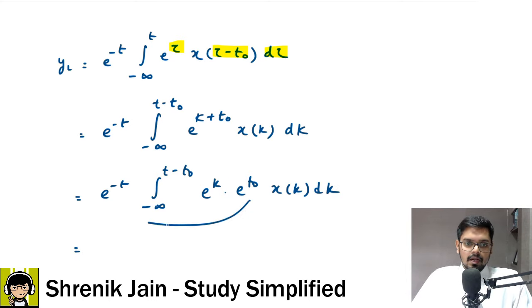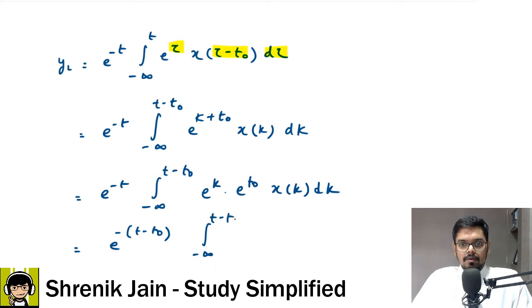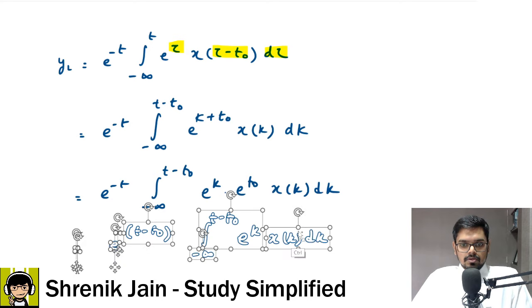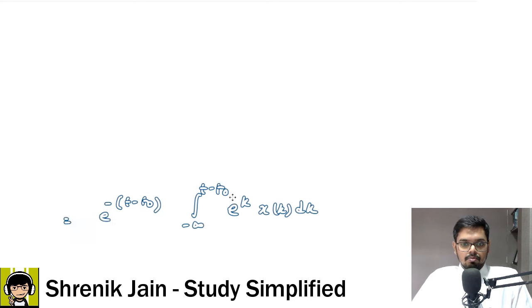So if I take this outside, can I club the powers and say e to the power minus t naught, and then I have the integral from minus infinity to t minus t naught of e to the power k x of k dk. This is how things are looking. Now comes the integration property.